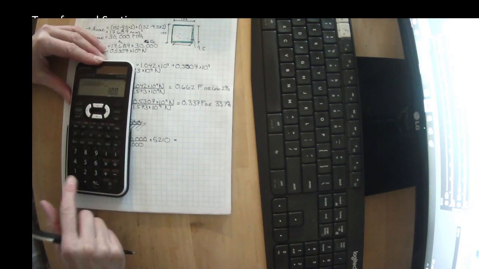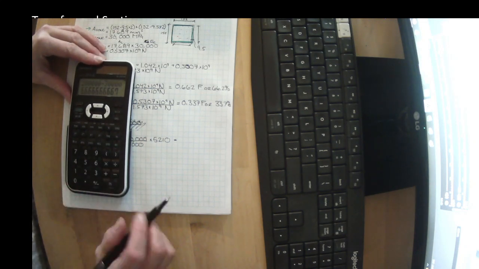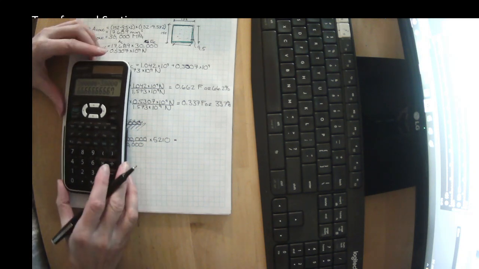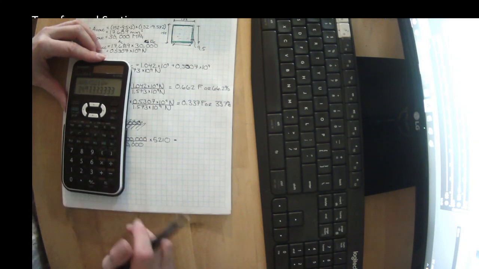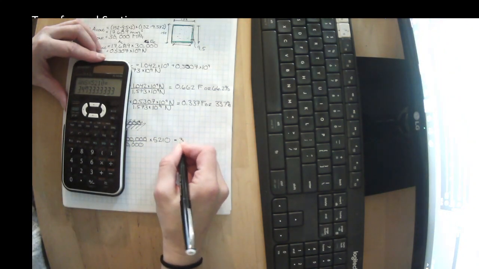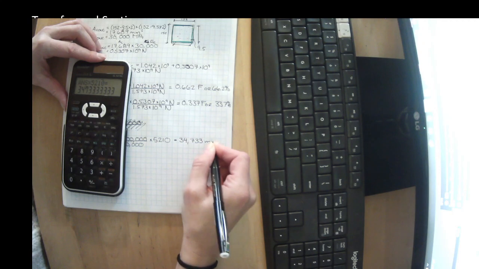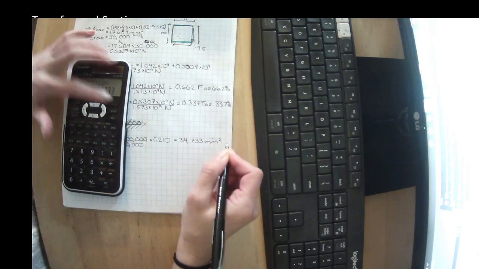200,000 divided by 30,000, so 6.667 times the stiffness, times 5,210, gives 34,733 millimeters squared.